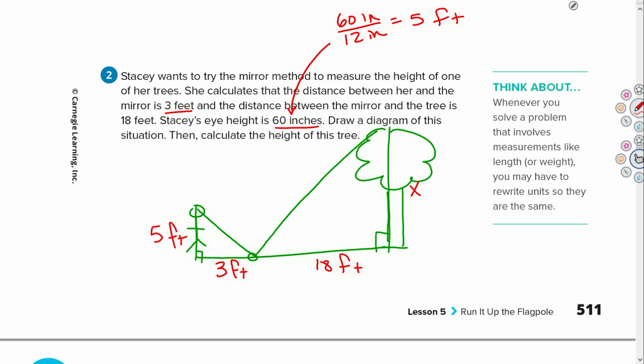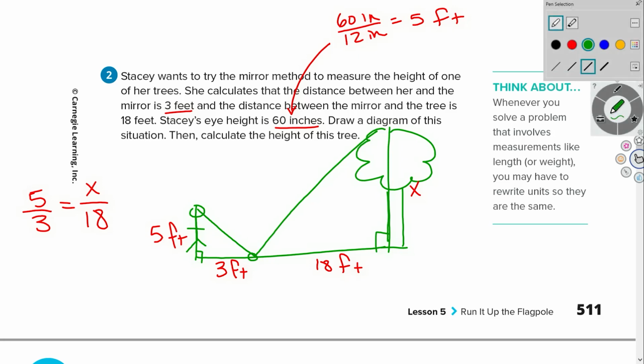I guess it doesn't matter which ratio you use. I'm going to do 5 over 3. This within figure ratio is equal to x over 18. But no matter what ratio you write, after you cross multiply, you should get 3x equals 5 times 18, which is 90.